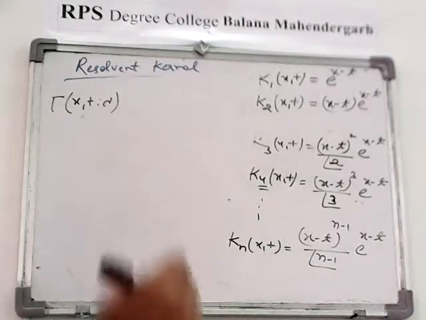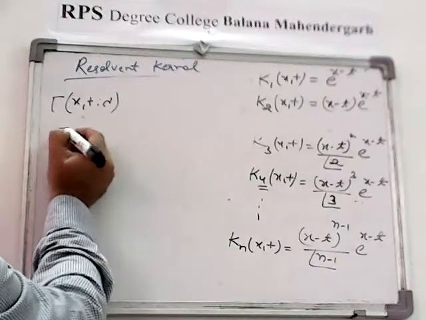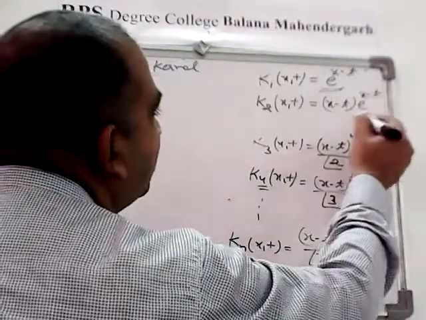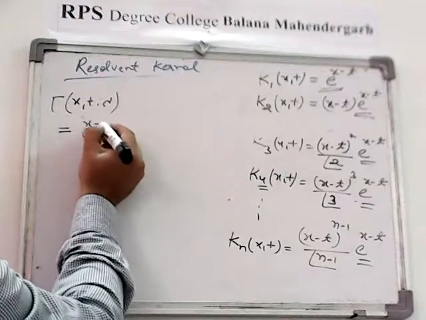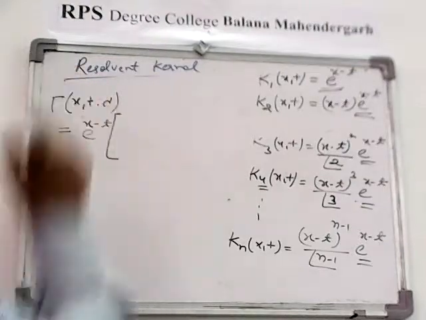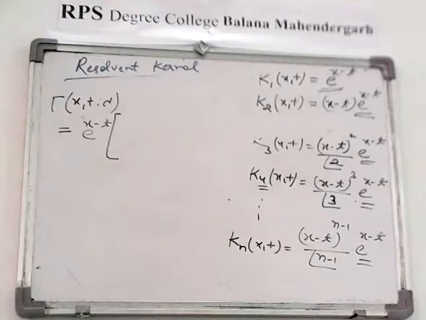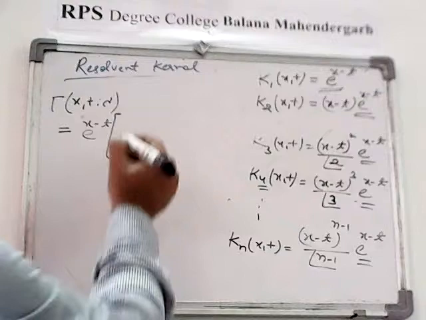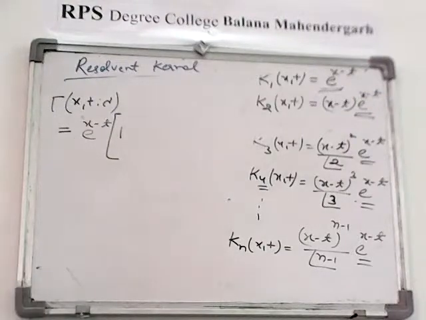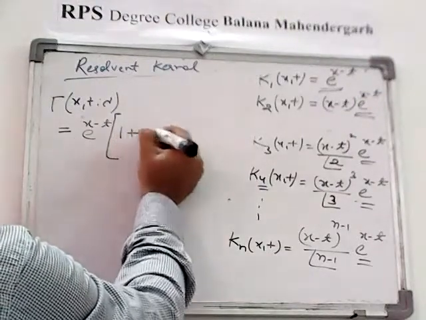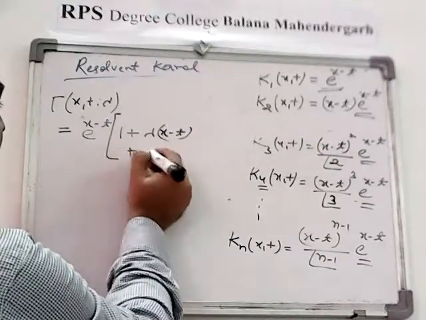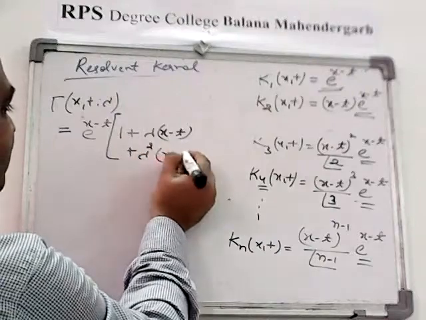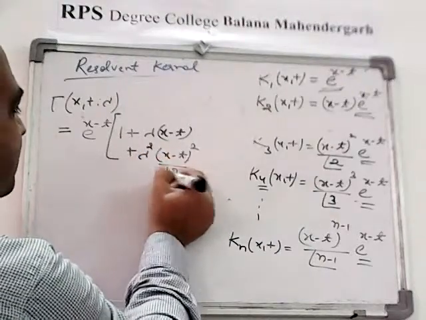We will have, you can see from all the terms, this is common. So we can take e raised to power x minus t common. Then we have k1 as e raised to power x minus t is common, so we will have 1 here. In the next term, we will have lambda and x minus t. Next term, we will have lambda square (x minus t) whole square divided by 2 factorial.